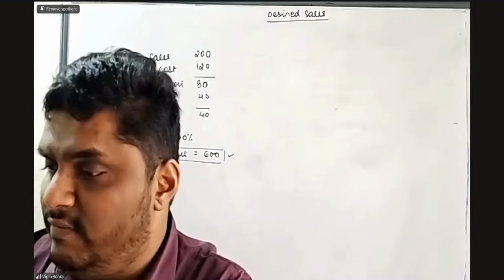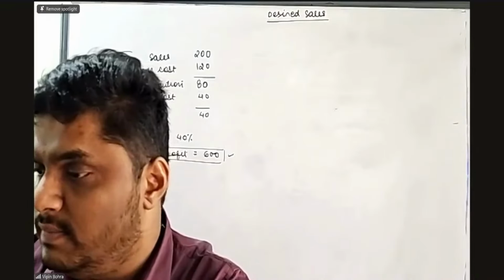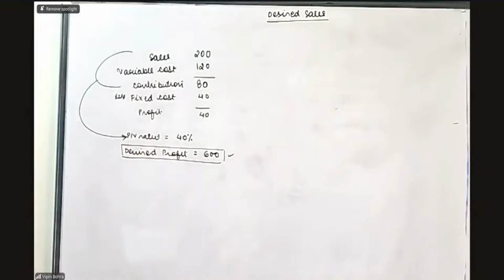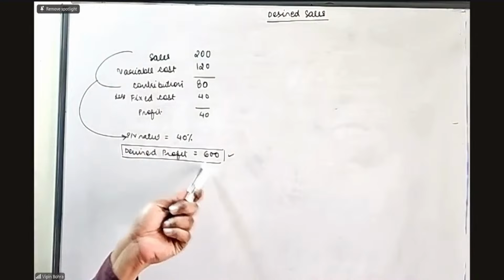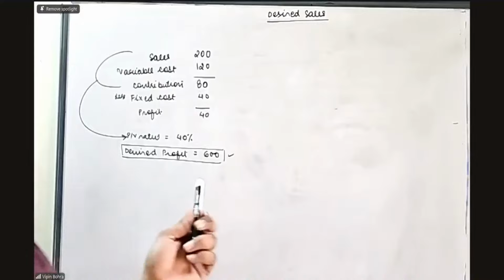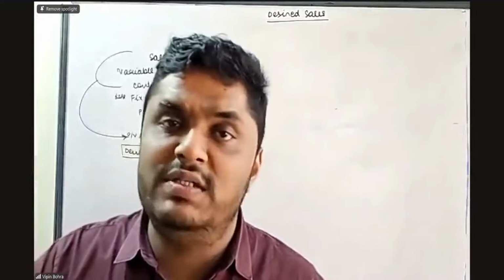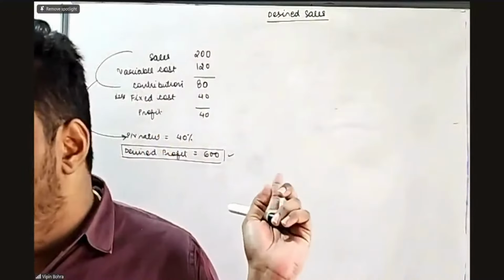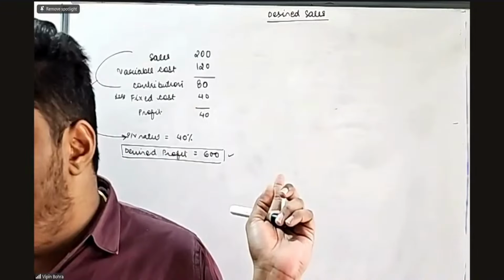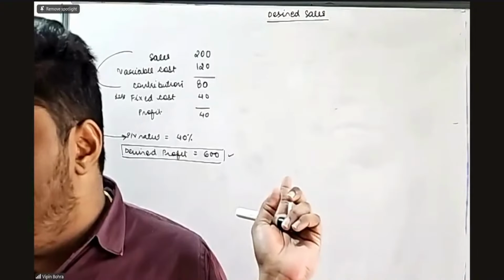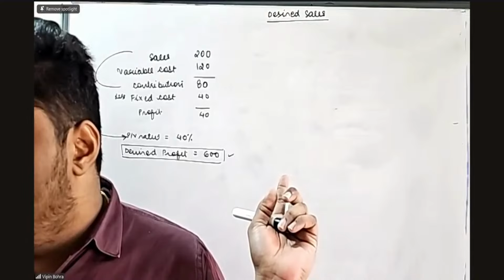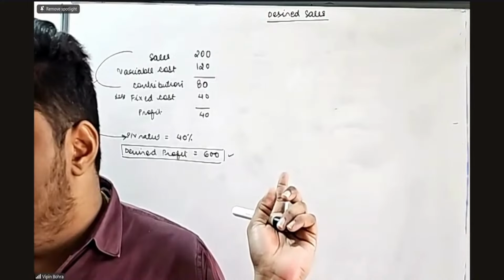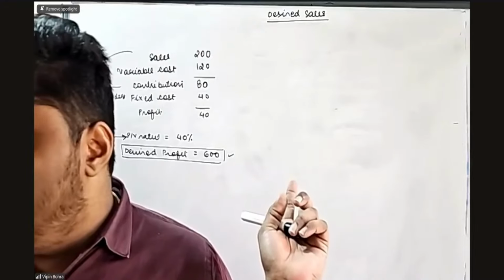Still, I have not received answers from many students. So, Mr. Rahman, how much sales is required to earn a profit of 600? In break-even sales, my profit was 0. So, herein the profit is given, that is 600. How much sales is required to earn this much profit? Adil, it is correct. Vedant Tiwari, it is incorrect.